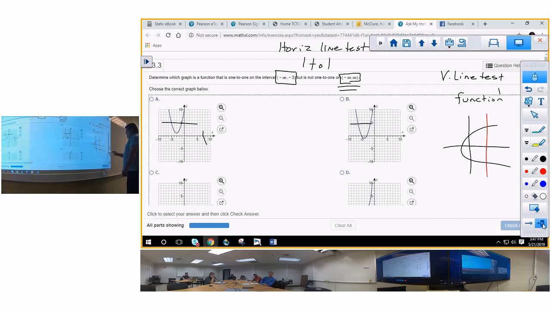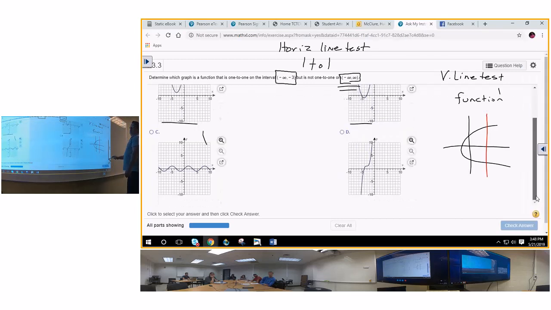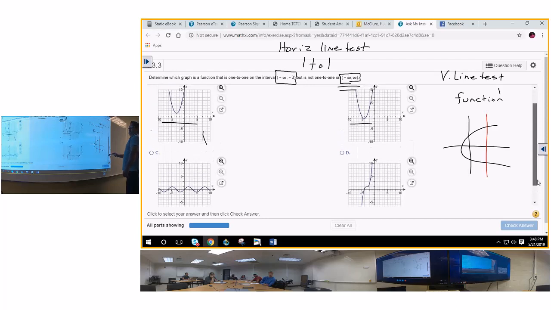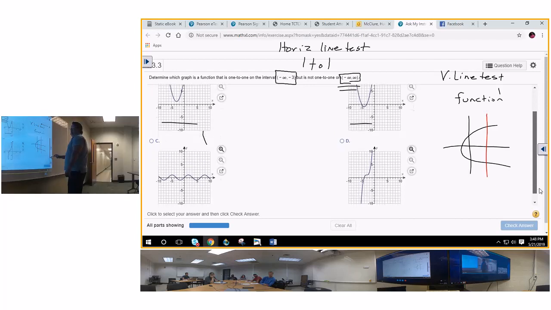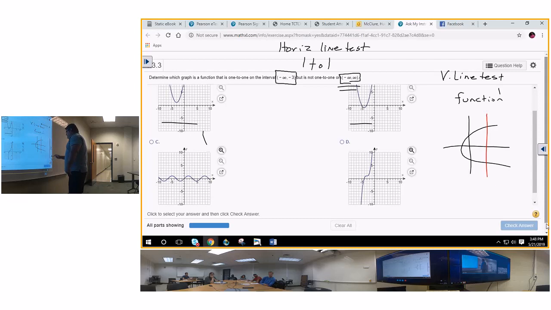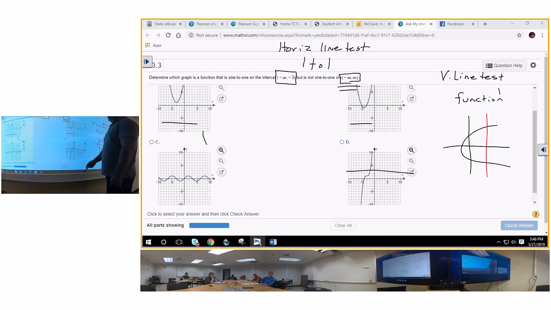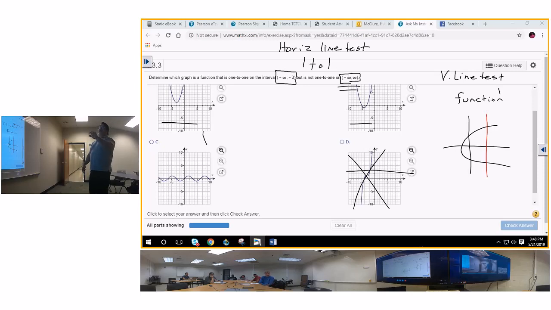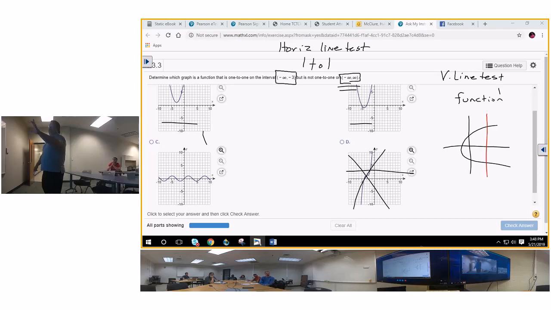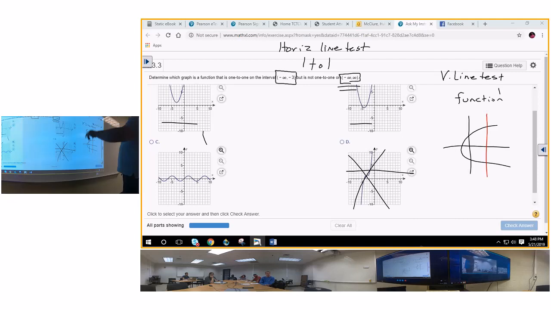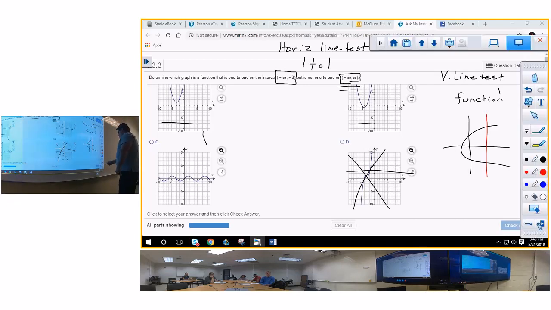Yeah, C could be 1. D is not the answer. Why is D not the answer? Because that is a one-to-one. So I think it's going to be either A or B. I'm going to focus on A or B.